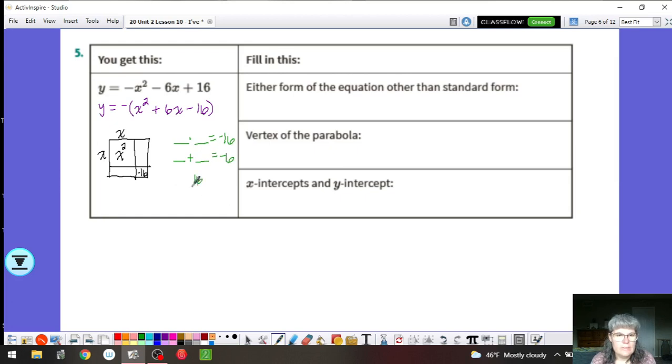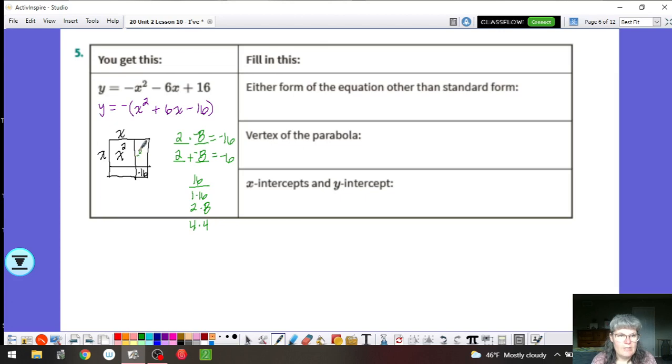Well, factors of 16 are 1 and 16, 2 and 8, 4 and 4. Well, if I want a negative 6, 2 plus a negative 8 will combine to give me a negative 6. 2 times negative 8 will multiply to give me negative 16.